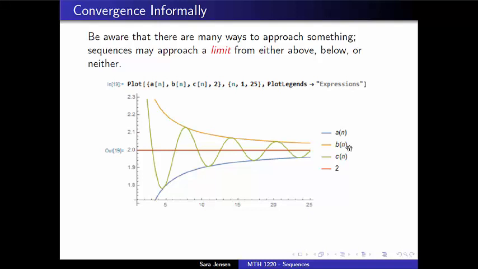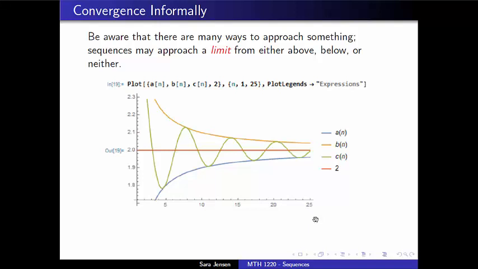On the other hand, our sequence B of n is also approaching 2, but from above. These numbers in the sequence B of n are above the limit, but as we progress, as we go further into the indices, the terms are getting closer and closer to the limit, but are a little bit larger than the limit.